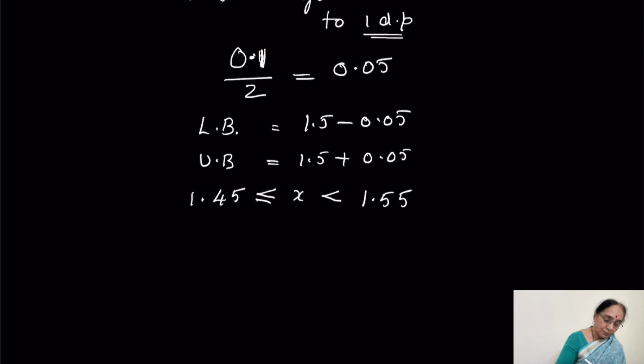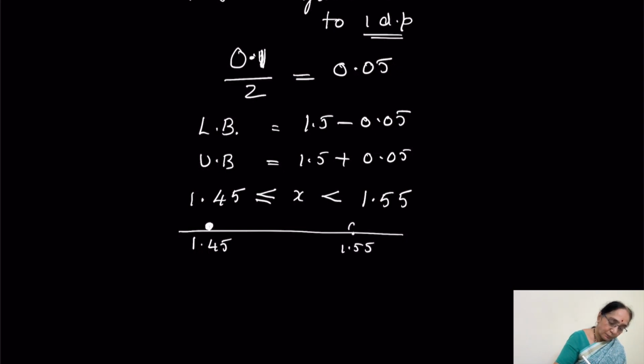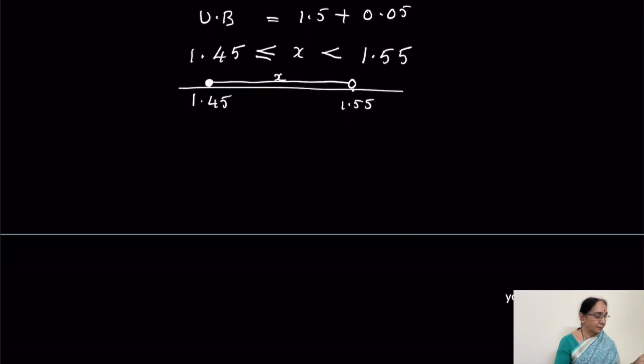So the measurement of that 1.5 can be a range of values between 1.45 and 1.55, but it is given to you as 1.5 correct to one decimal place. So on the number line it is 1.45. You shade that circle, and 1.55, it's an open circle. The value of that measurement can be anywhere here. But what is given to you is 1.5.